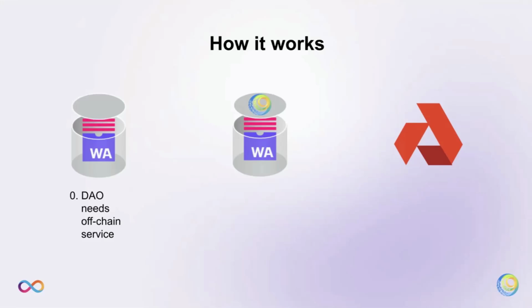With the IC Akash integration, a DAO can directly pay for hosting its off-chain services on the Akash network, and this is thanks to our orchestrator canister. So what happens is the DAO pays ICPs to the orchestrator canister and specifies a Docker image that it would like to deploy.